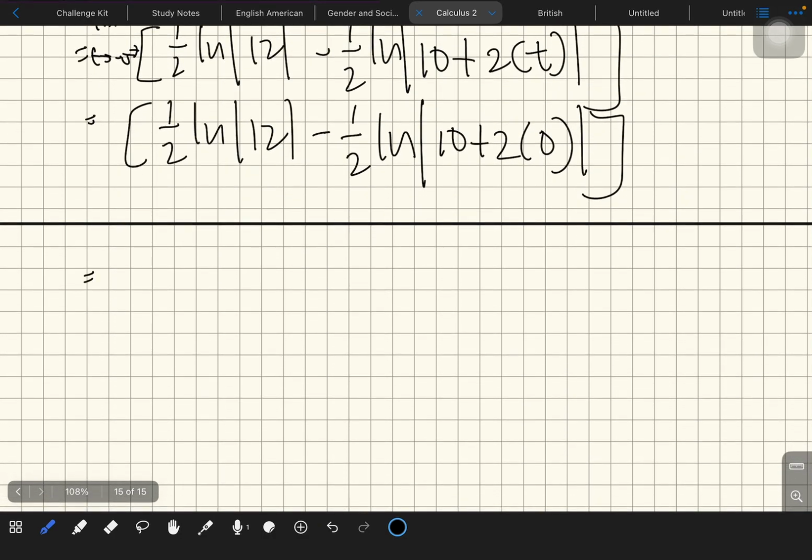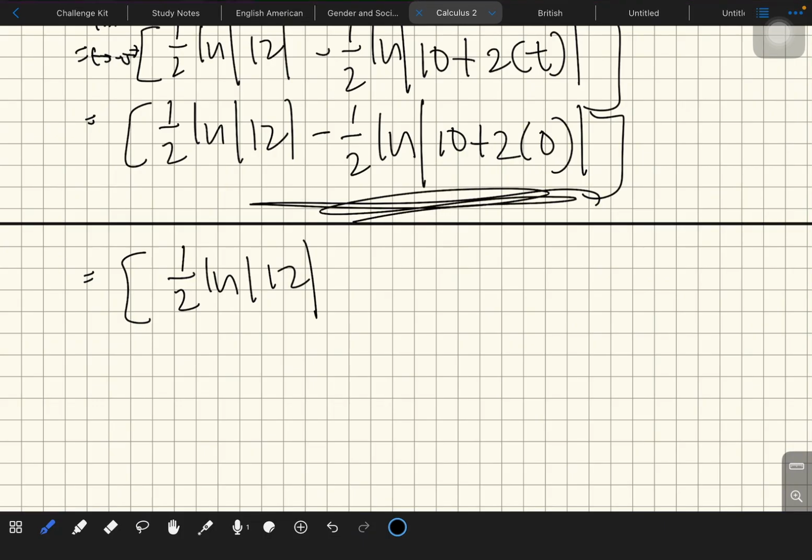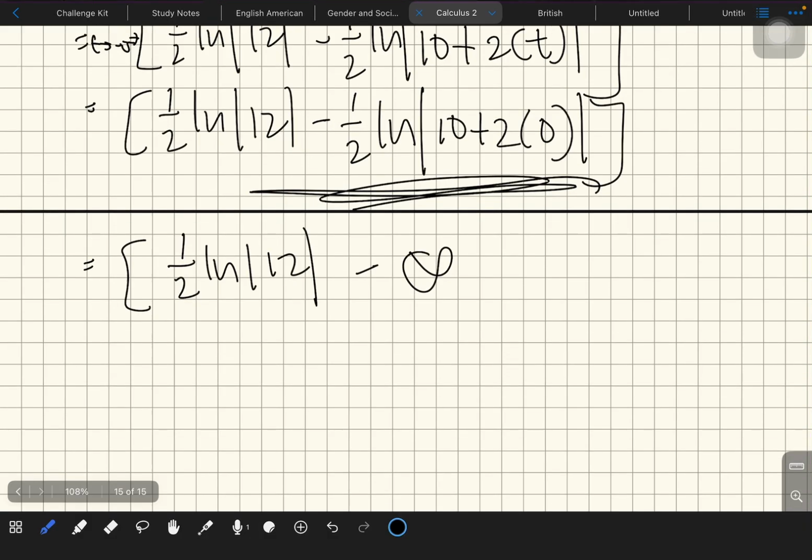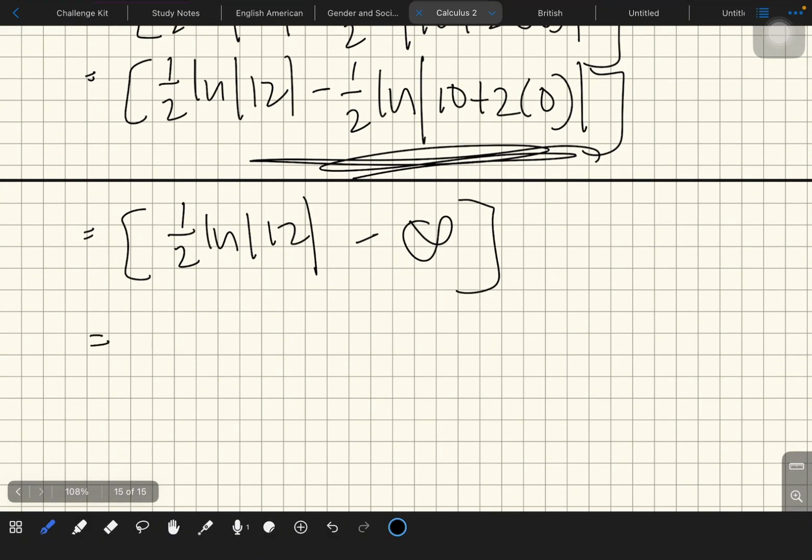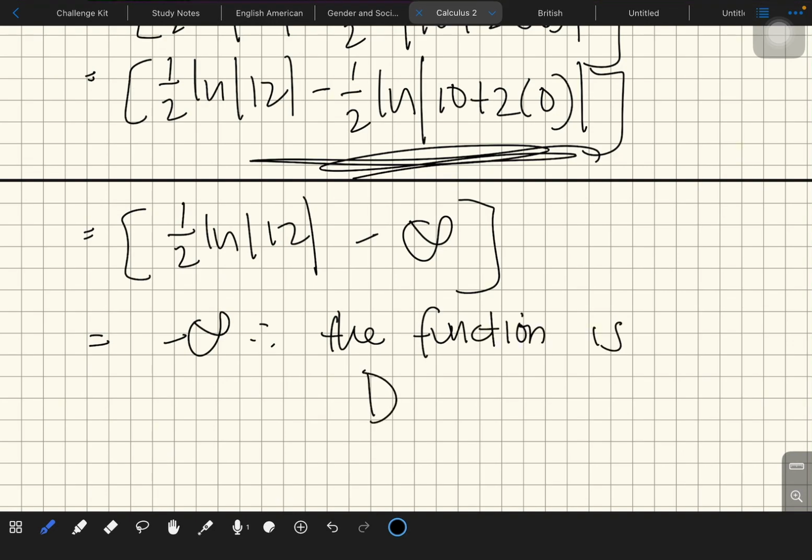So now we have 1/2 ln 12 minus 1/2 ln 0. This value will become negative infinity. So therefore our answer is negative infinity, or therefore the function is divergent.